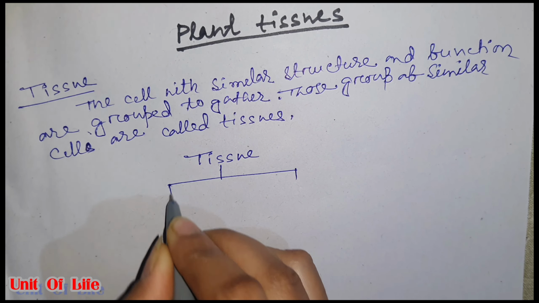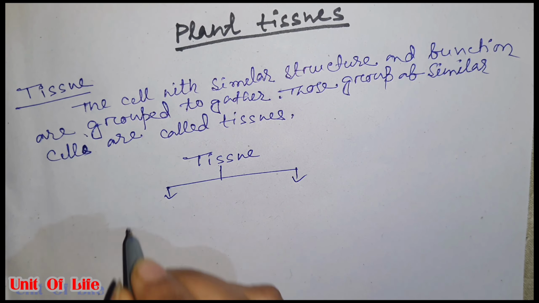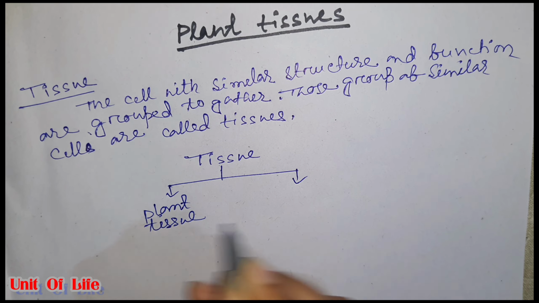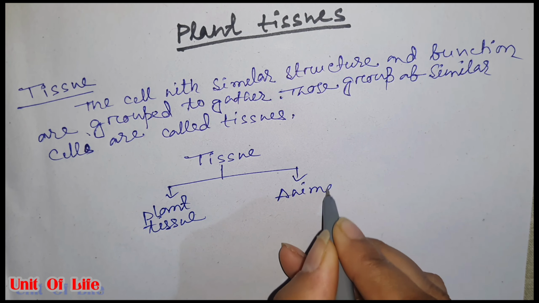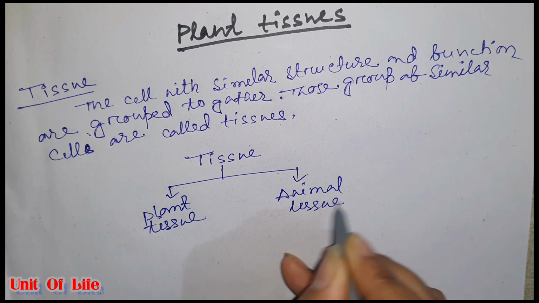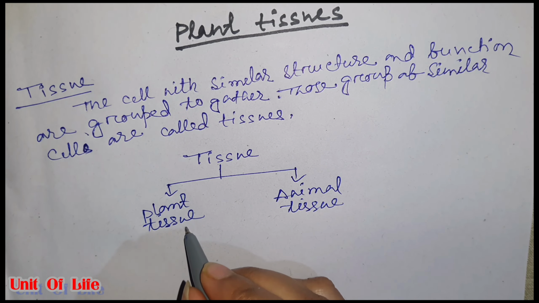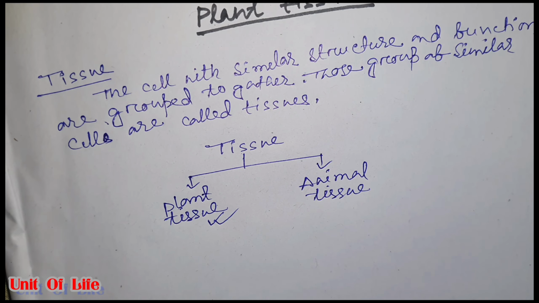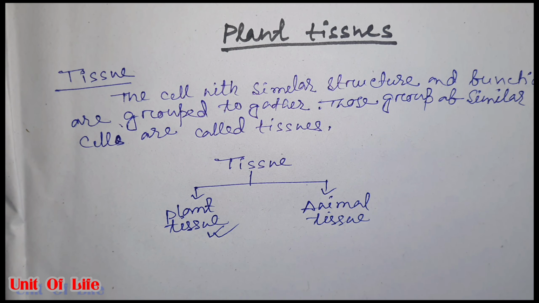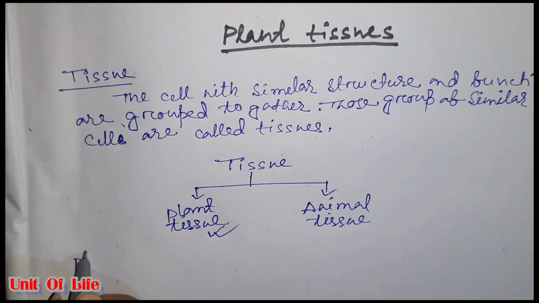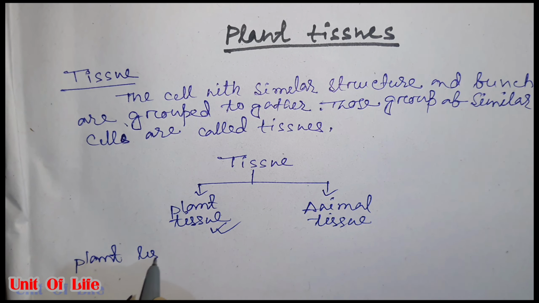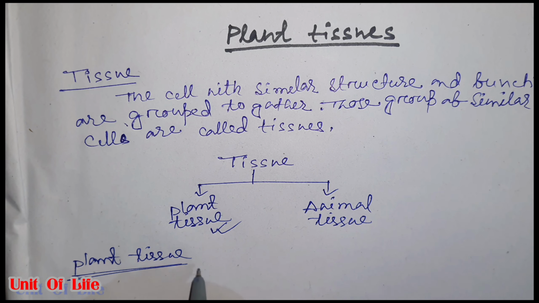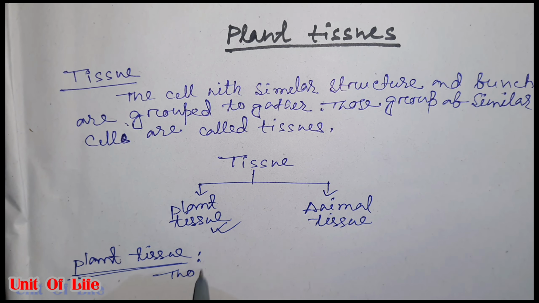First, tissue is divided into two: one is plant tissue and another is animal tissue. In this chapter, you will learn about different types of plant tissue and their functions. So, what is plant tissue? Those tissues that help to constitute the plant body are called plant tissue.